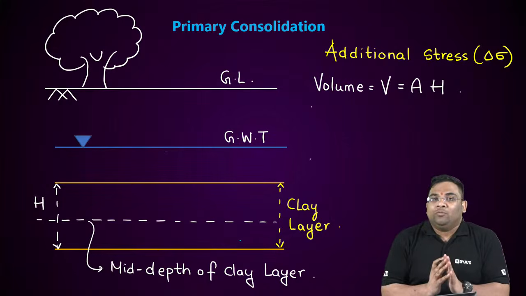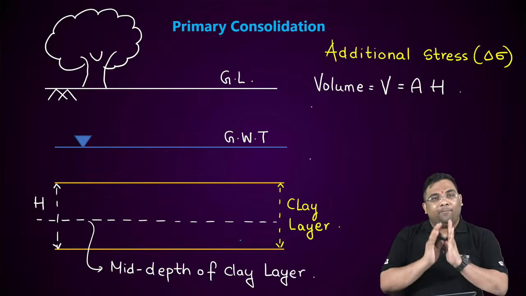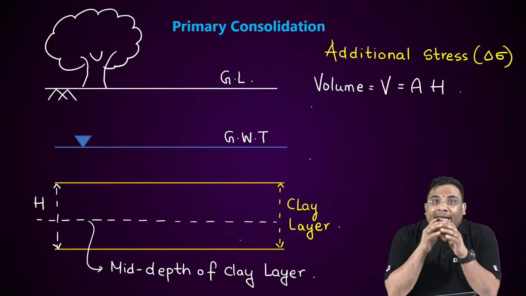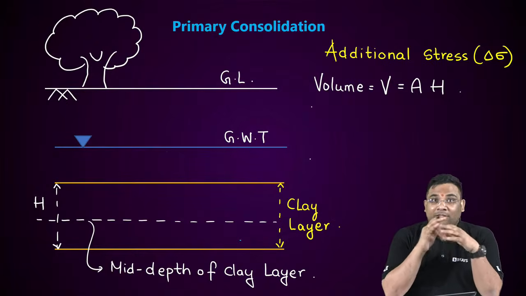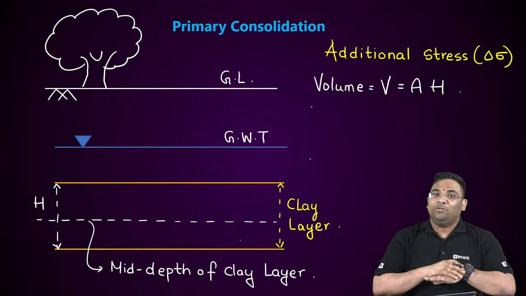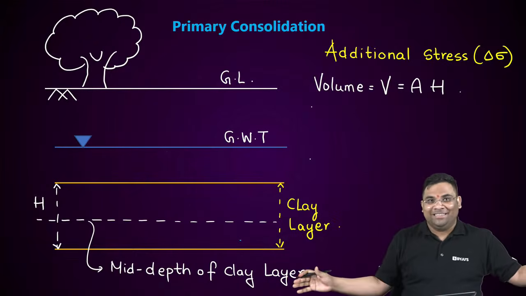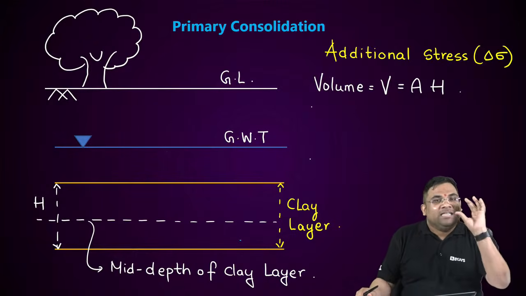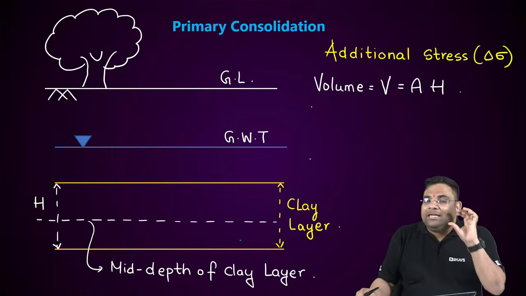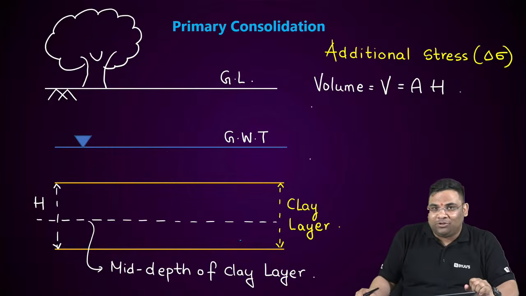Now what we assume is that during the process of primary consolidation, the area doesn't change. Because suppose you're standing on the ground, the area is vast, but the thickness of the clay layer is of a particular finite dimension, right?